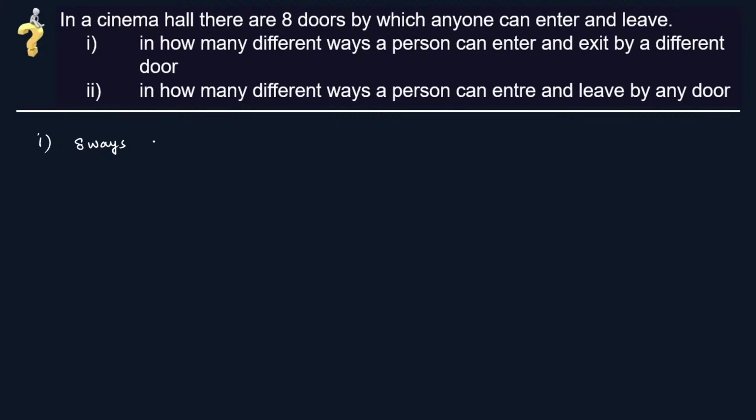Therefore, there are 7 left doors through which I can come out. So the total number of ways when a person can enter and exit by a different door is 8 into 7, that is 56 ways.